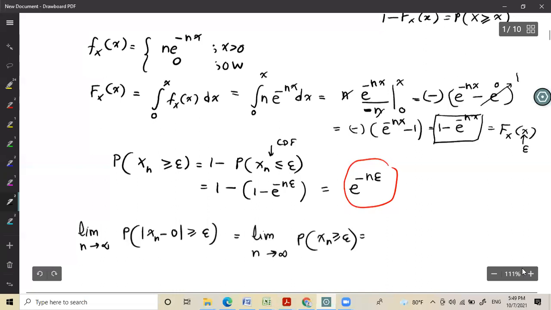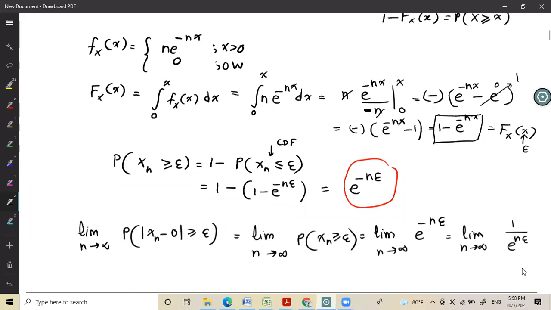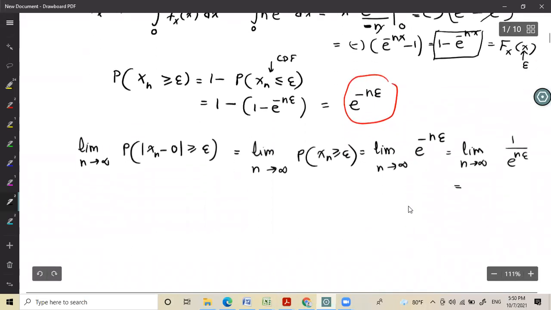We found this quantity to be e to the negative n epsilon. If you write this with the negative sign at the bottom, you have 1 over e to the n epsilon. When n goes to infinity, you end up with 1 over infinity, because n is in the denominator. So this whole quantity goes to 0 as n goes to infinity.